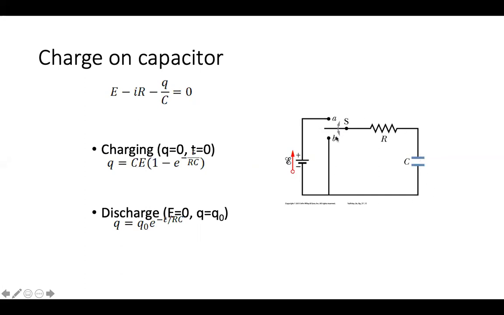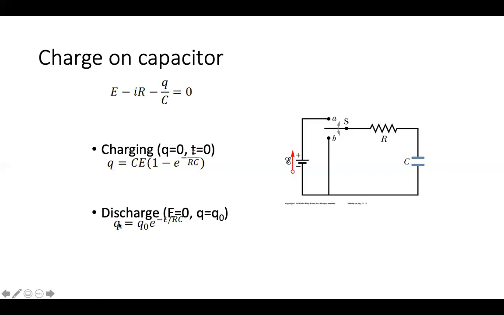The current will keep moving until the charge on the capacitor is reduced to 0. At that point, we say this capacitor is discharged. Basically, if we touch these two wires, the charge on the capacitor will be eliminated. So this is the discharge function.